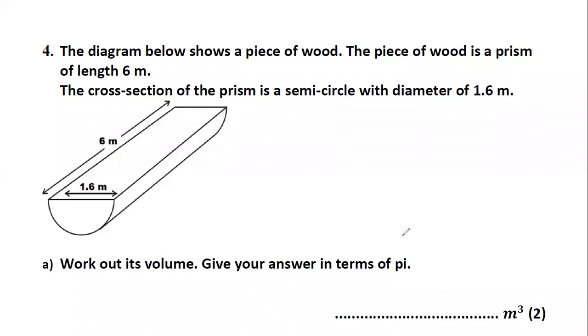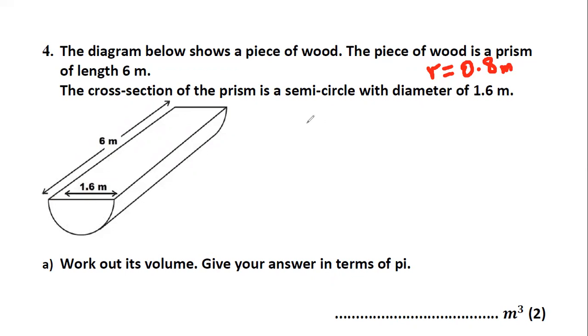Right, this question is a bit more complicated than previous ones for 2 reasons. First of all, its radius not given, its diameter is given. So first of all, we'll work out its radius as being half of its diameter. So that should be 0.8 meters. And secondly, its cross section is not pi r squared. It's not a complete circle. It's only half of a circle.